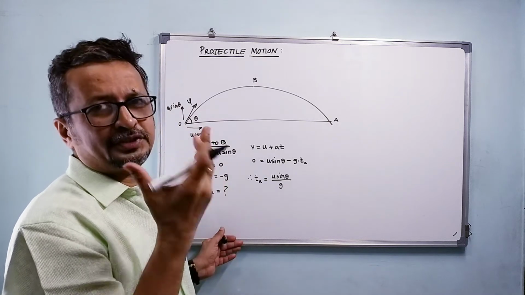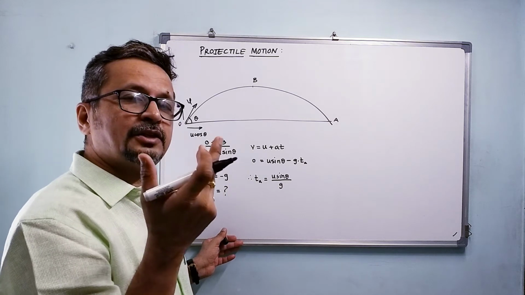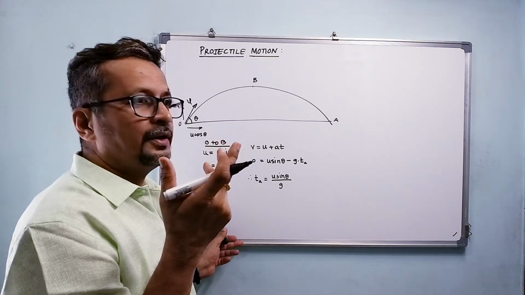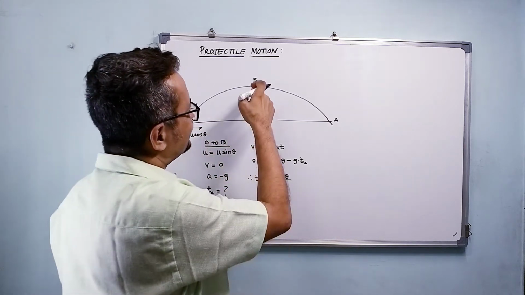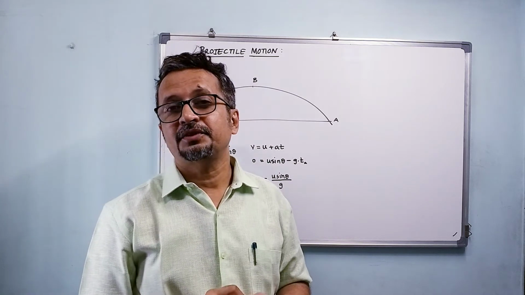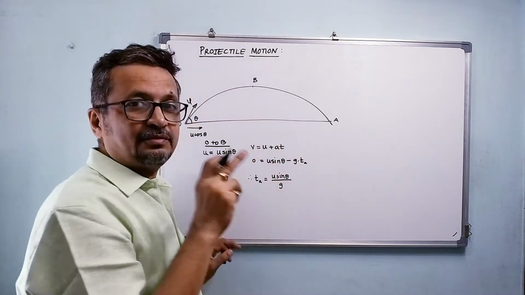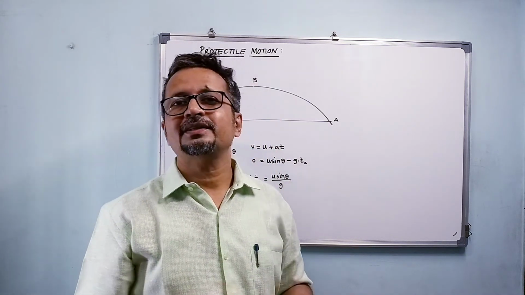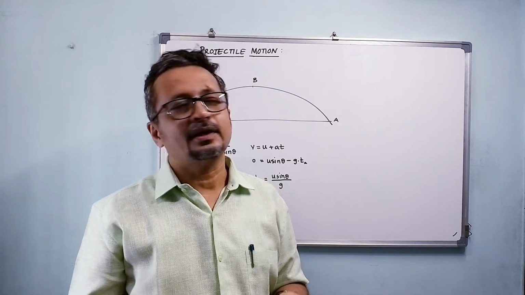We don't know how much it would be, but then acceleration acting is gravity. You know that. What is this distance? So for that we need to either calculate this distance, which is the maximum height, and then get it, or then there is one more way.